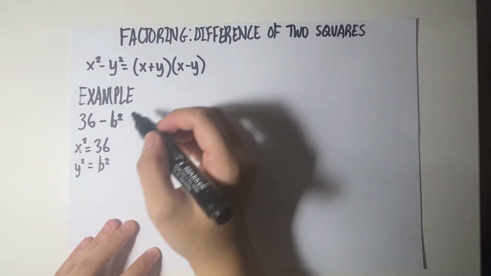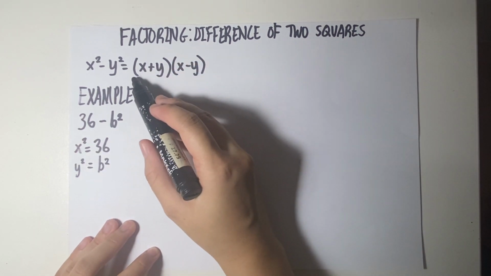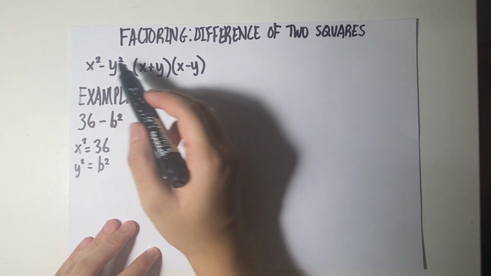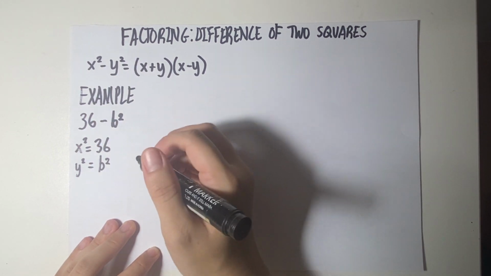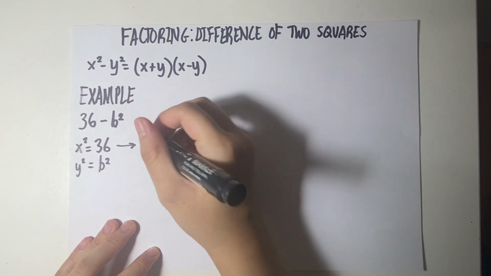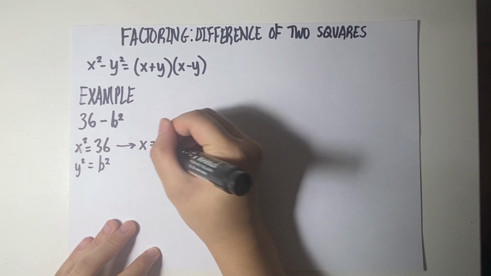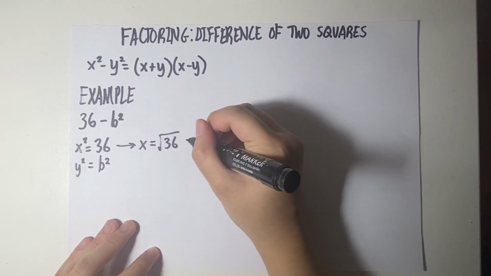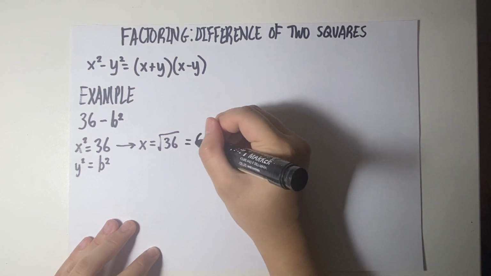Okay, and so in factoring, we need the square roots of x squared and y squared. So x is equal to the square root of 36, which is equal to 6.